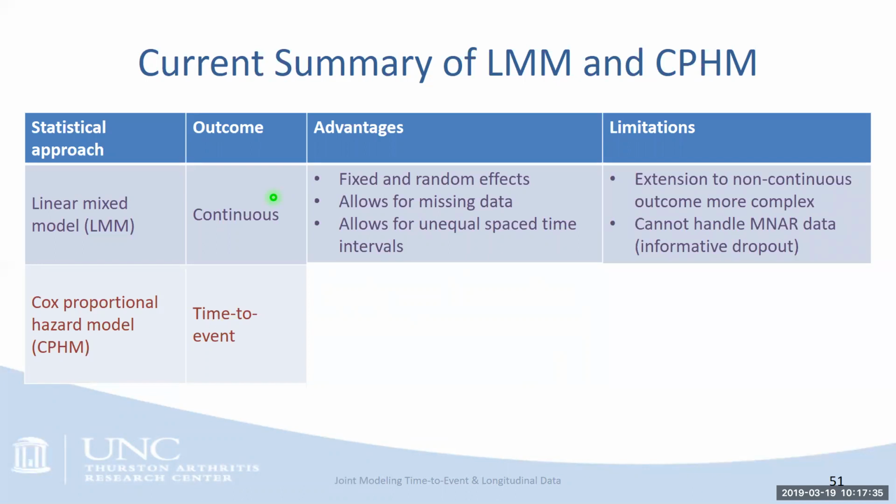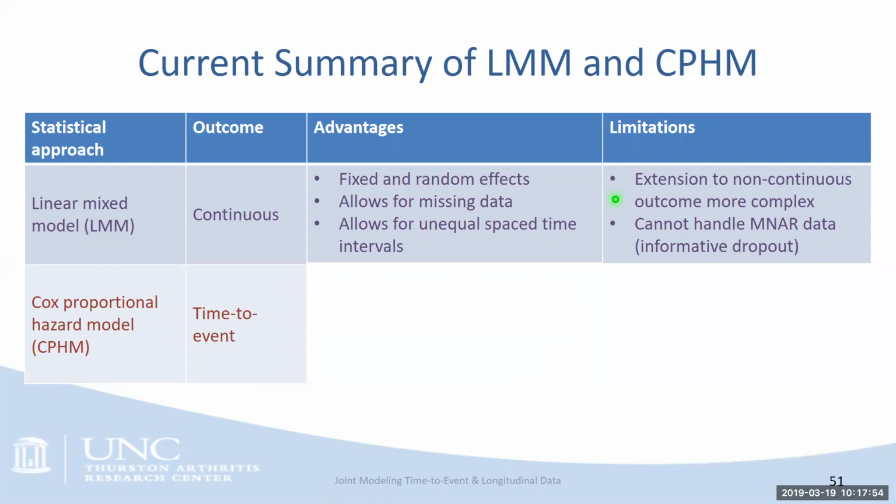We didn't go too much into this, but extensions, if you had a non-continuous outcome, might be more complex. And importantly here, LMM cannot handle missing not at random (MNAR) data. You can think of this as informative dropout. This would lead to biased estimates in this case.